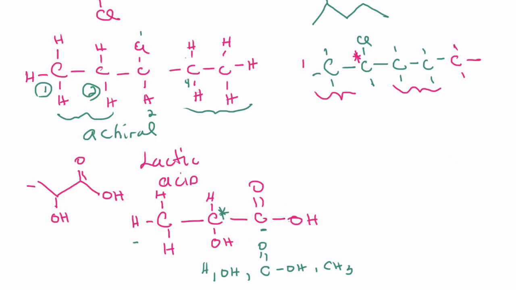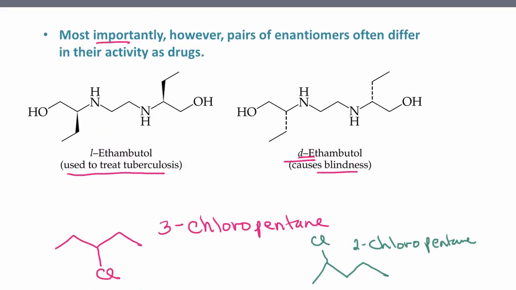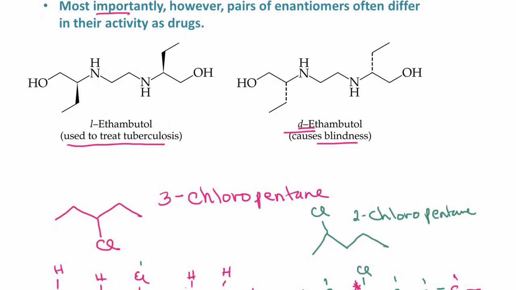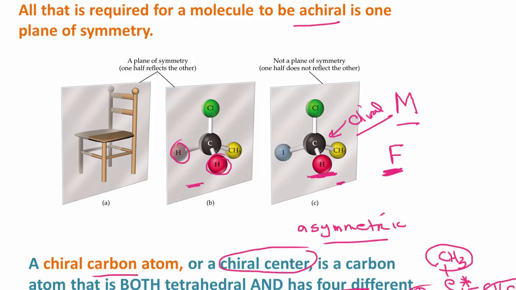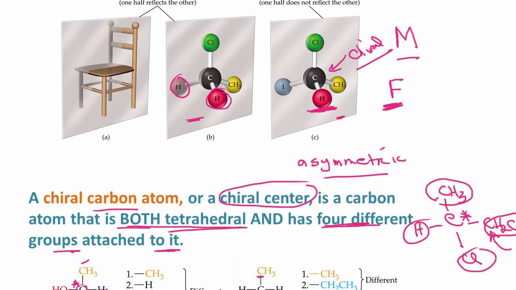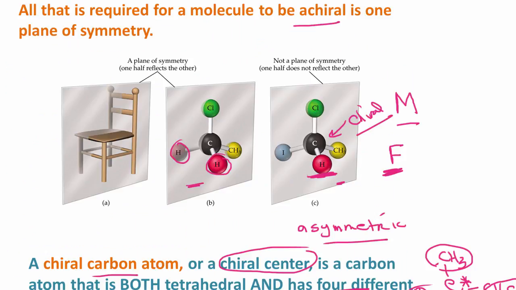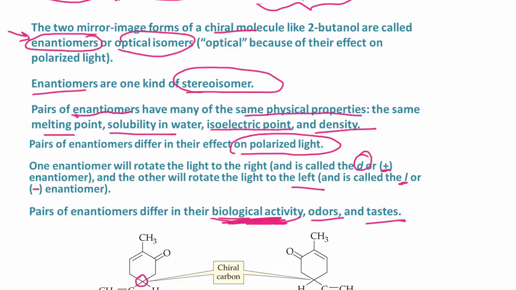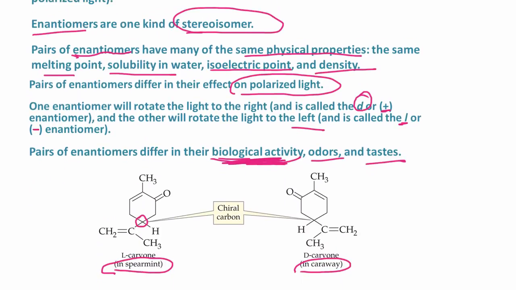Done some of these. Let's take a look back here. I want to go back a slide. Oh, let's see. We'll go down here. Here's what I wanted to look at. I wanted to look at this carbon. And we said this molecule had a chiral center, and it was this carbon.